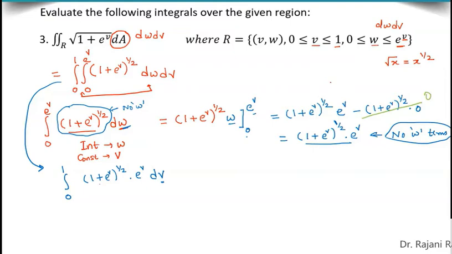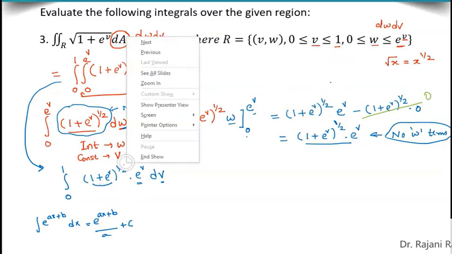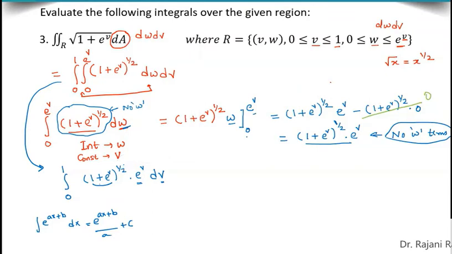So how do we identify? For e power v, we have direct rule, e power ax plus b dx, which gives you e power ax plus b over a plus c. On the other hand, if you look at this term, this is 1 plus e power v and again the power half. So which is not allowing you to use this rule. So it means this question is to be answered by substitution.